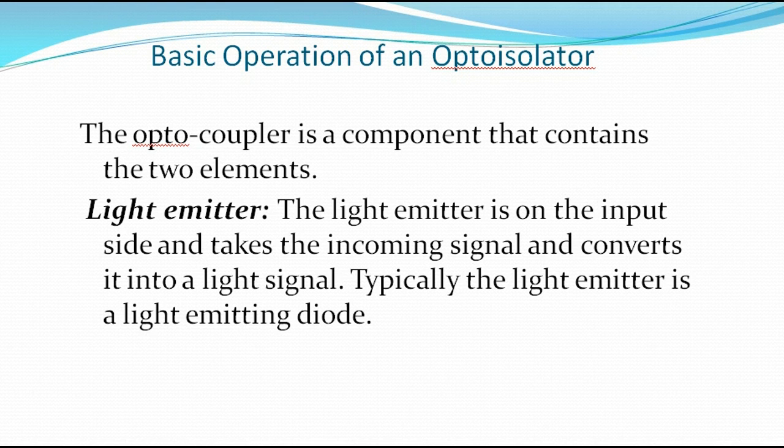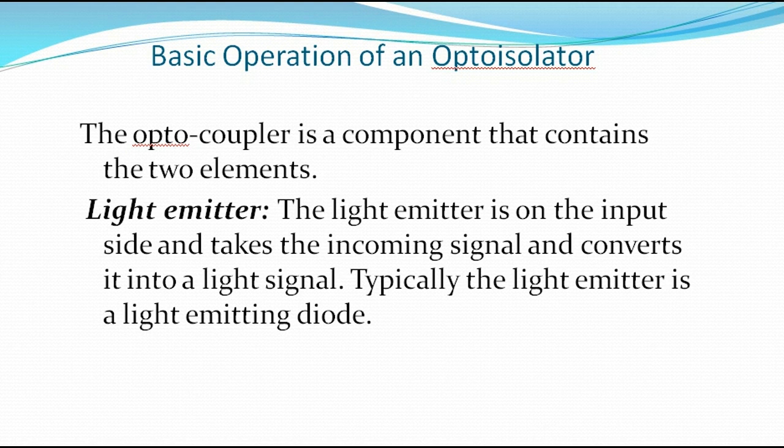What I'm trying to explain is that the optocoupler contains two elements. One is the light emitter, being a diode, which takes in the current from the source, while the other, the light sensor, is at the output.